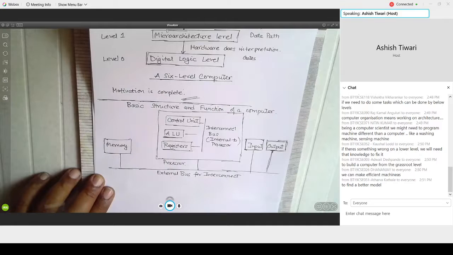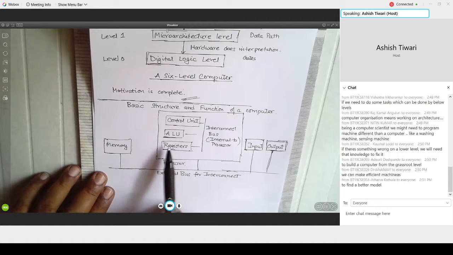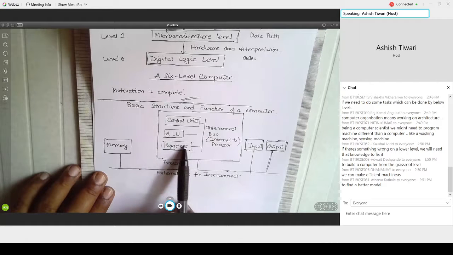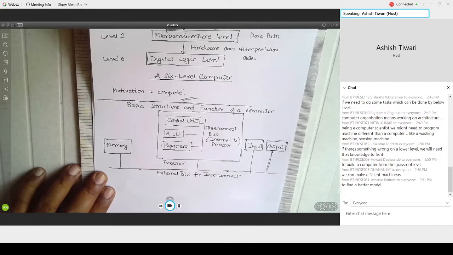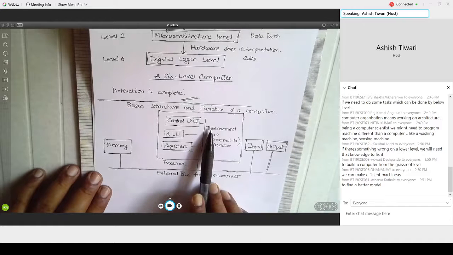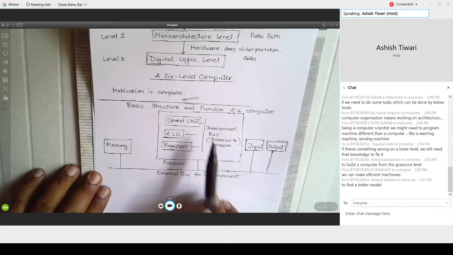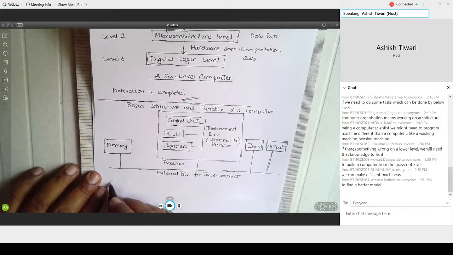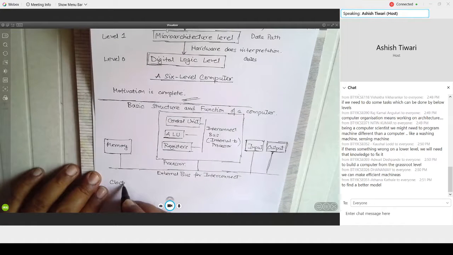Then there are one or two buses which interconnect these, so that you can transfer something from a register to another register, from a register to an ALU, and so on. So this is what really happens. You might have heard of something called clock speed, right?